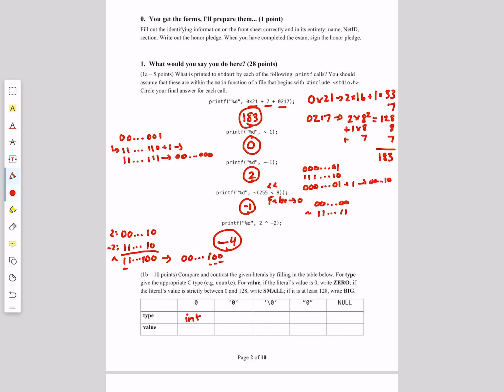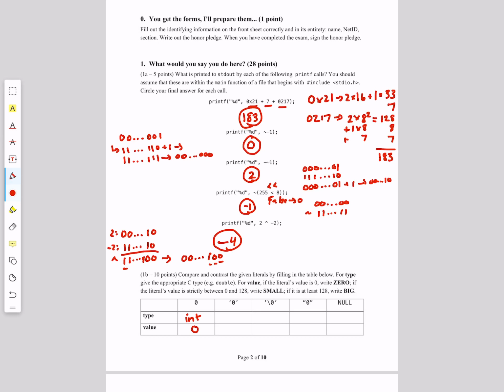It is an int, because we know that it would have a U or an L after it if it were unsigned or long, respectively. Without that, a numeric literal is just an int. If it doesn't have a decimal point or an E somewhere in there, it has neither, so it's an int. Its value is, in fact, just 0. It is 4 bytes, that is 32 bits of zeros.